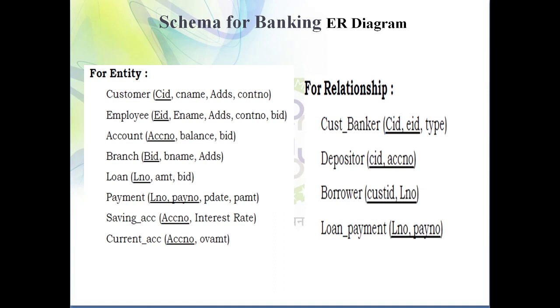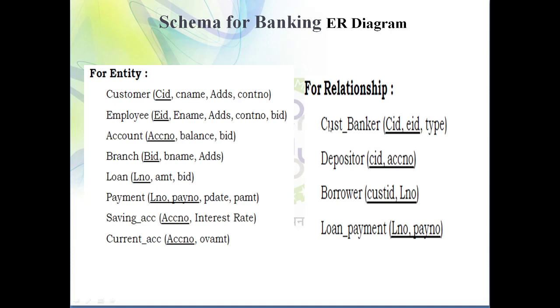So that's why I'm telling you, whenever we have a many to many kind of relationship between two tables, there is no need to add a new extra attribute into table 1 or table 2, but you have to consider that attribute in the third table. So here between customer and employee we have established a relationship by using the name customer banker, where we have added the attributes customer ID and employee ID, and the combination is considered as the primary key.